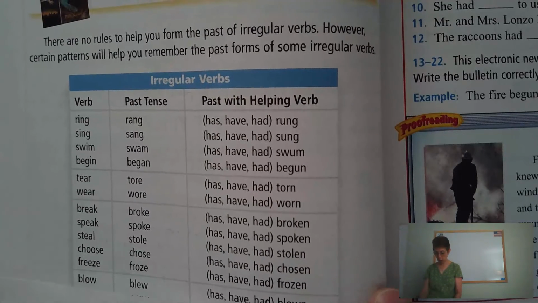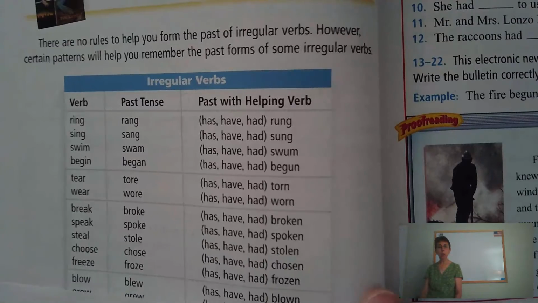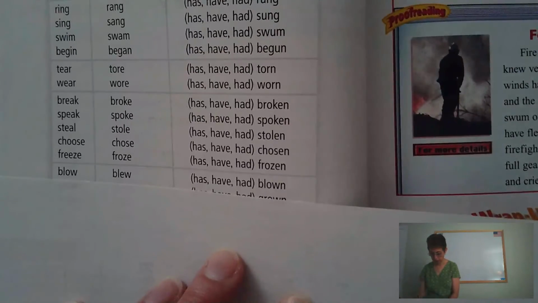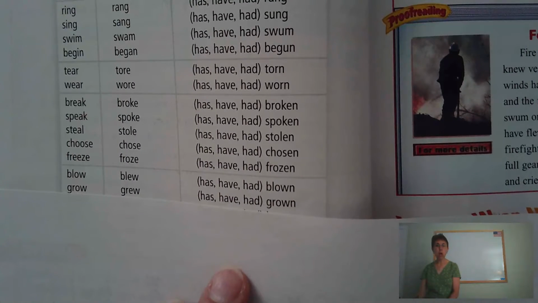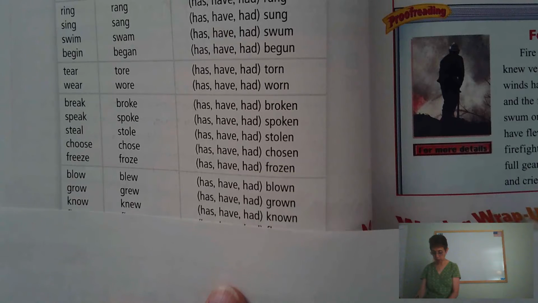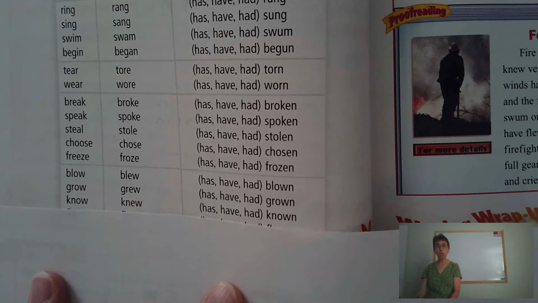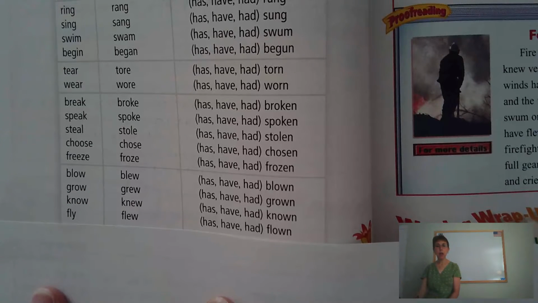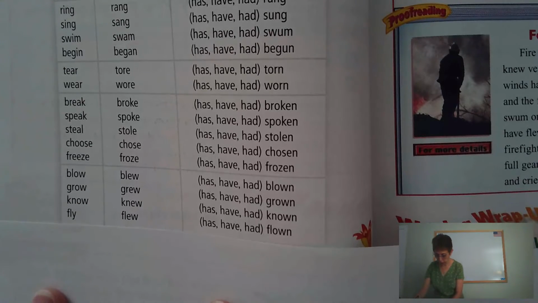Right? Then we have blow, blew, has, have, had, blown. And then it's grow, grew, has, have, had, grown. Know, knew, has, have, had, known. Fly, flew, has, have, had, flown.